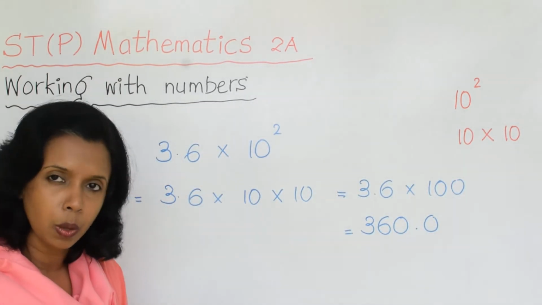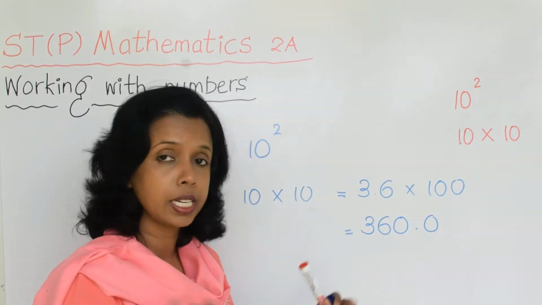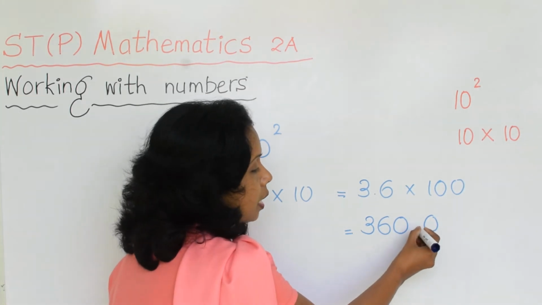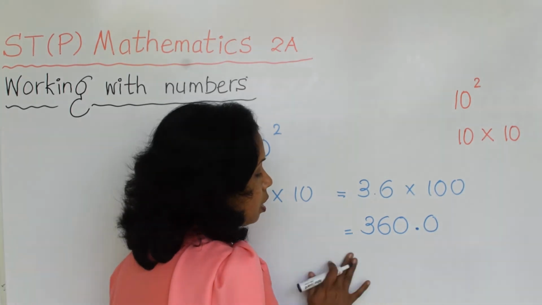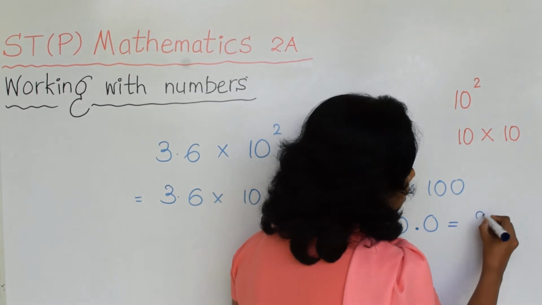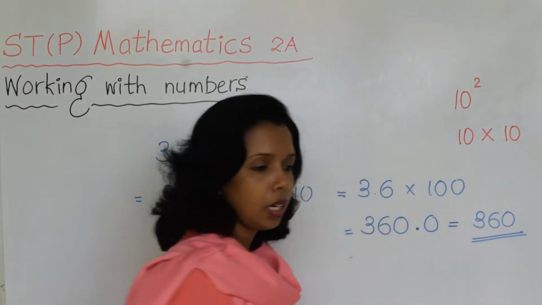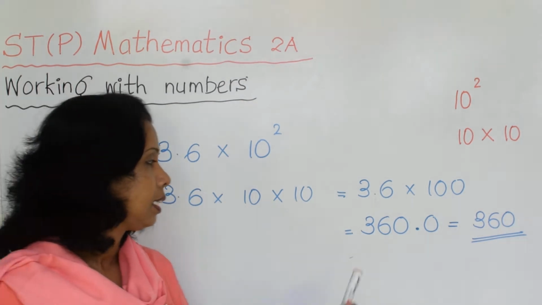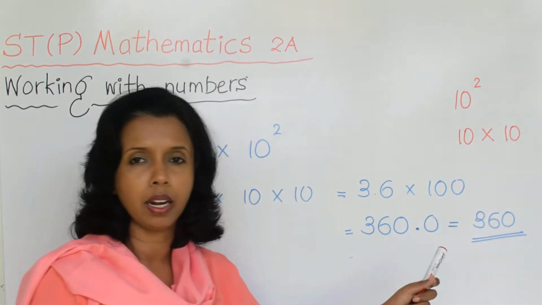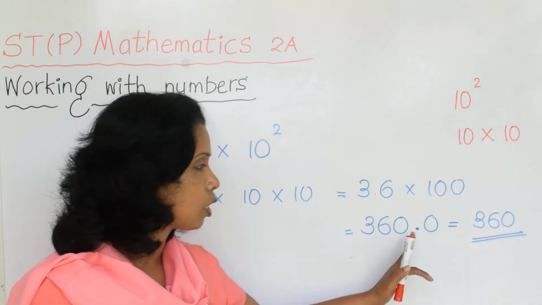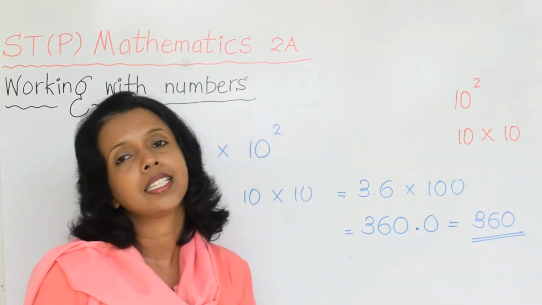How many steps did I go? I went 2 steps. Now the decimal point is here. But the answer you can write as 360, okay, right, 360.0. The answer is 360.